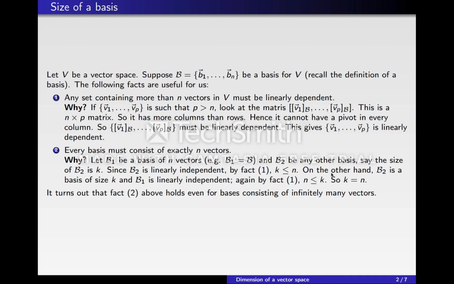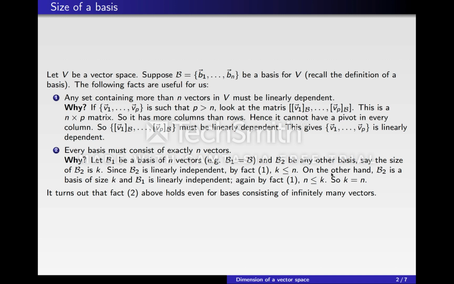Each of the columns is a vector in Rn, because [v1]_B is the coordinates of v1 relative to the basis B, and B has n vectors. So it's got p columns and n rows, and p is bigger than n, so this matrix got more columns than rows.